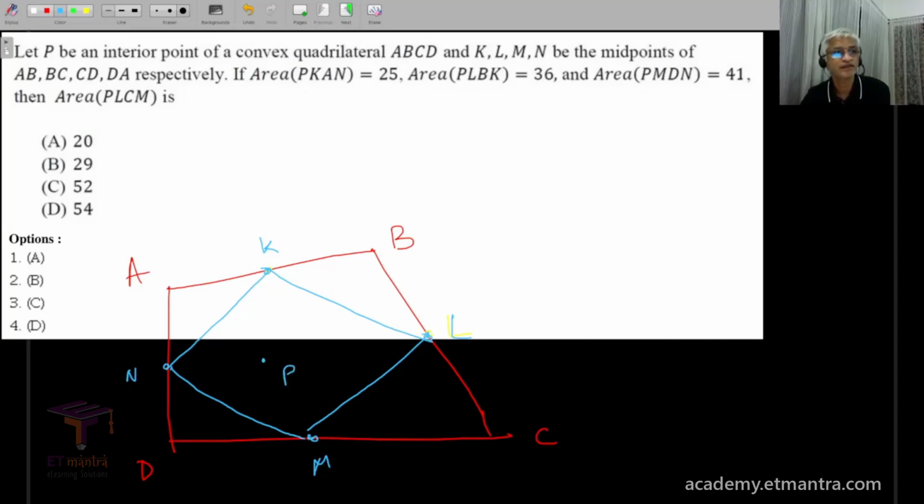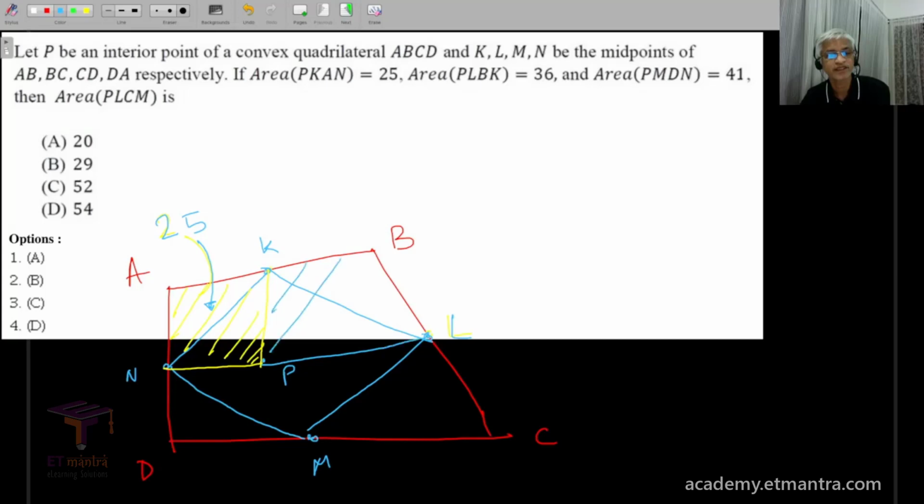Given that P is some interior point, the area of PKAN, so we're talking about this particular quadrilateral, and this area that has been marked here, has been given as 25. This area is 25. Now what's the next one? PLKB. So we're talking about this area.